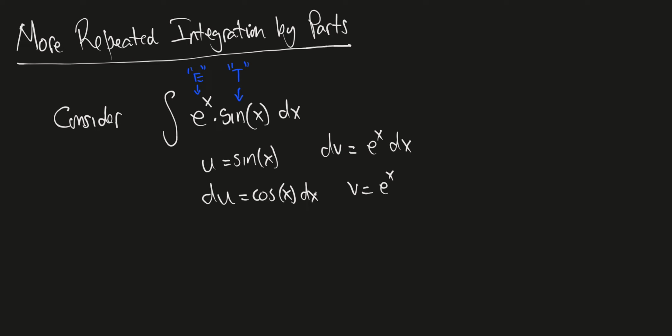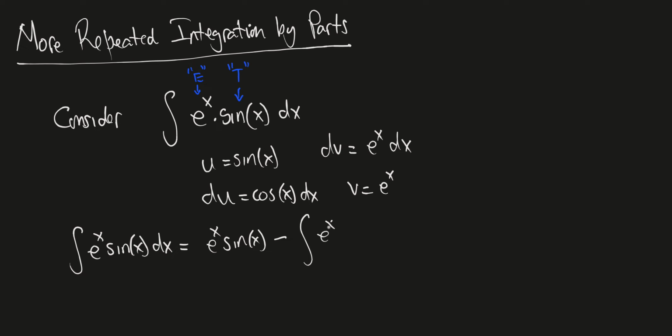All right. So then let's see what happens if we write down our original integral. That's equal to u times v, so it's the exponential times the trig function. So I'll write it as e to the x times the sine of x minus the integral of v du.